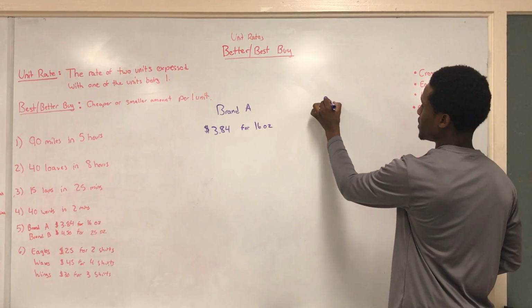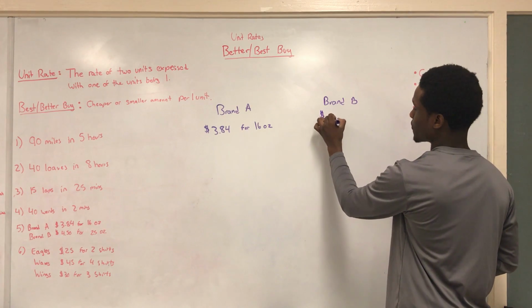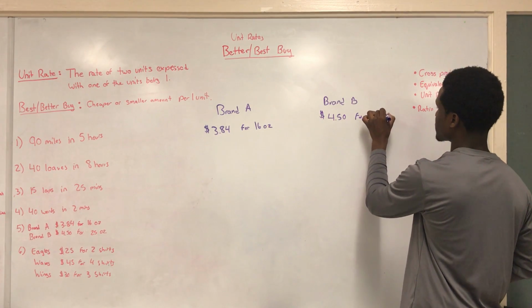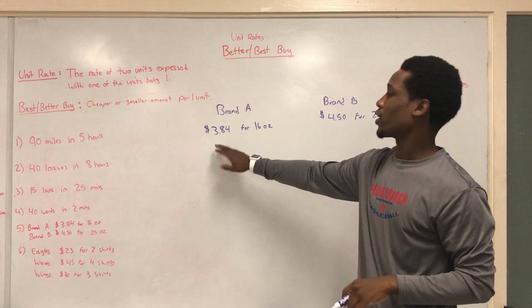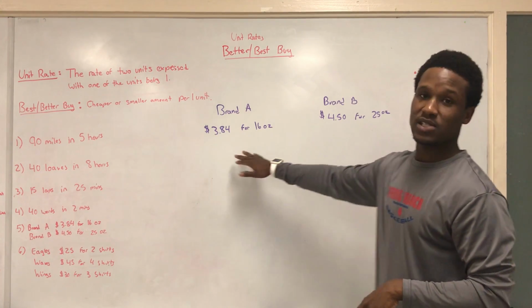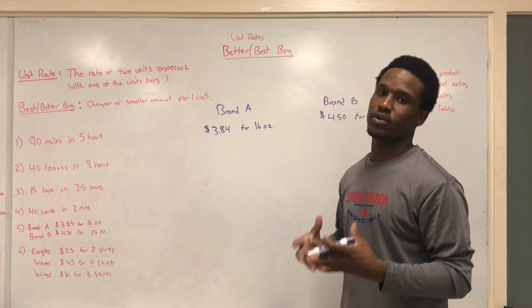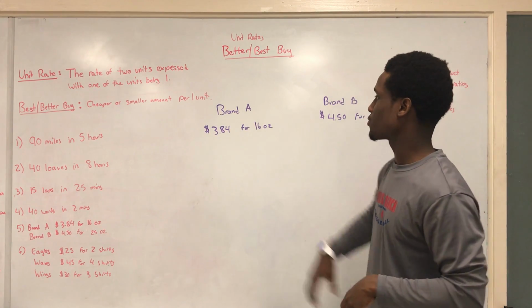Then I have brand B. The bottle of juice costs $4.50 for 25 ounces. All right? So you might say you would prefer the $3.84 bottle of juice just based off of the price. But let's figure out the unit rate in order to really figure out the price per ounce.